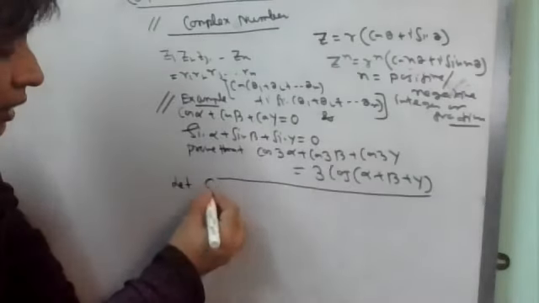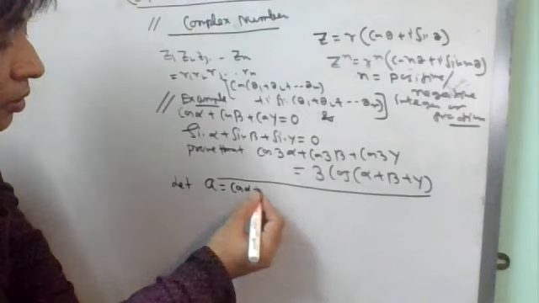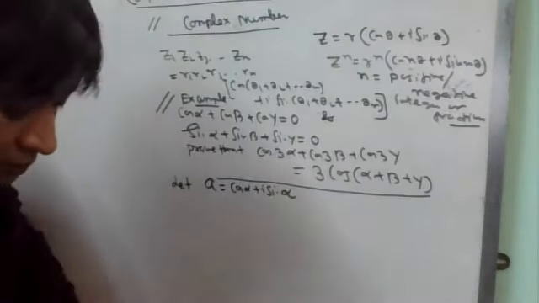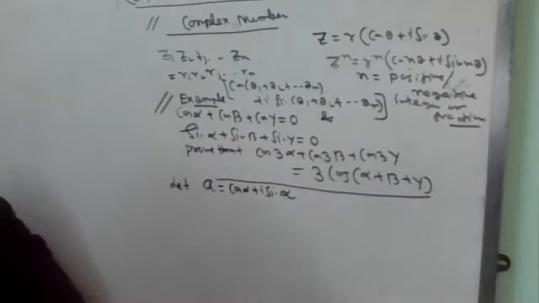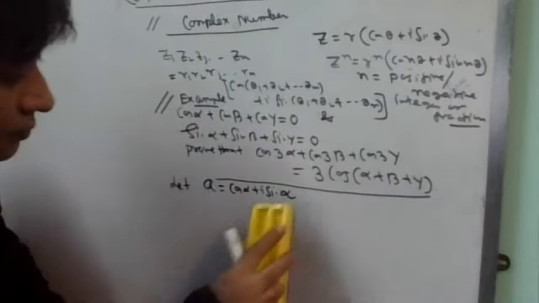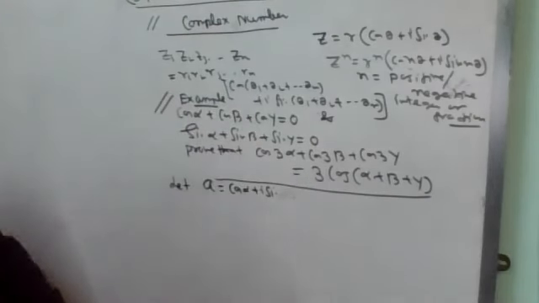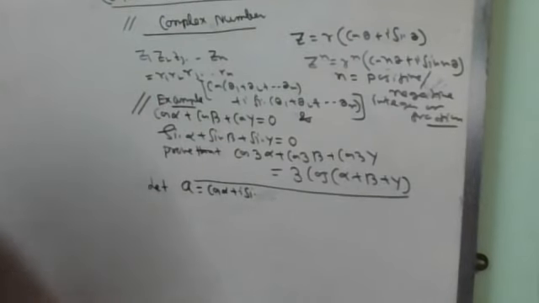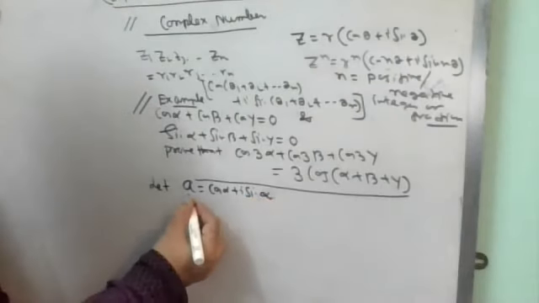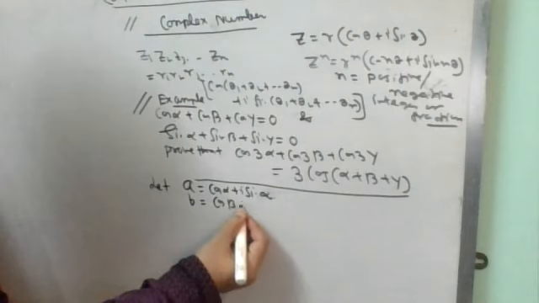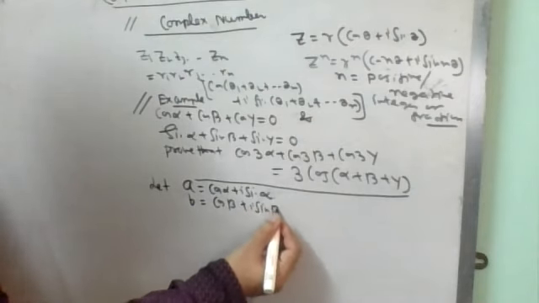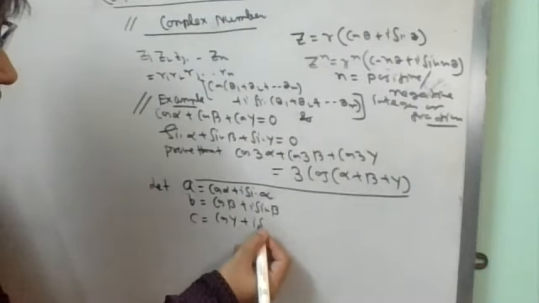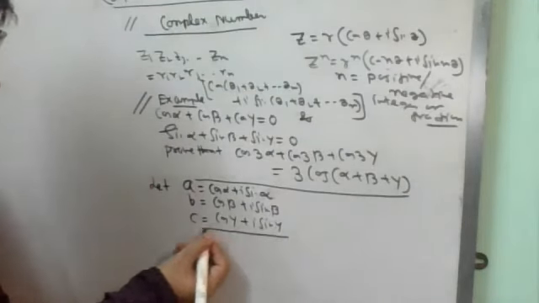Let A is equal to cos alpha plus i sin alpha, B is equal to cos beta plus i sin beta, and C is equal to cos gamma plus i sin gamma.